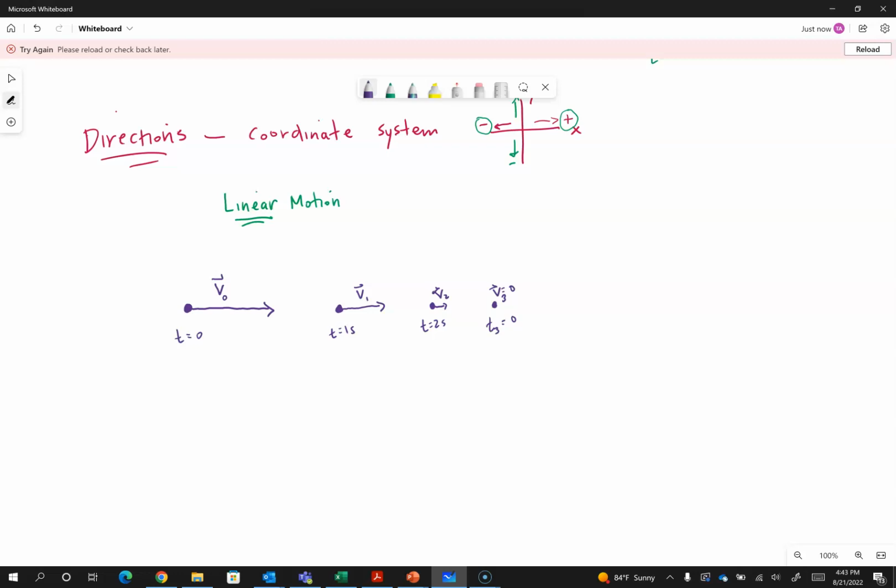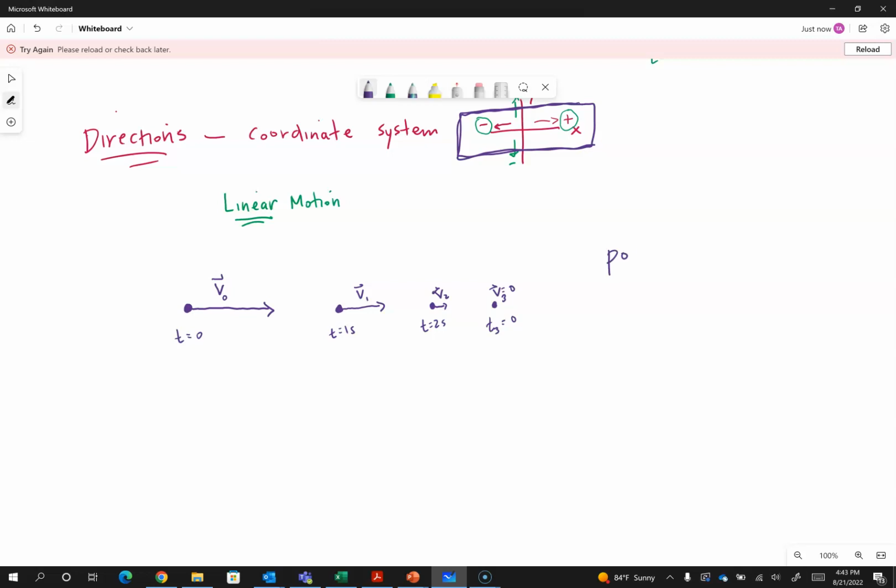To represent the direction for position, velocity, acceleration, we are going to, like I said, use our coordinate system. So looking at this Cartesian coordinate system, with this motion only being horizontal, all I want to think about is the x-axis. To the right being positive, to the left being negative.